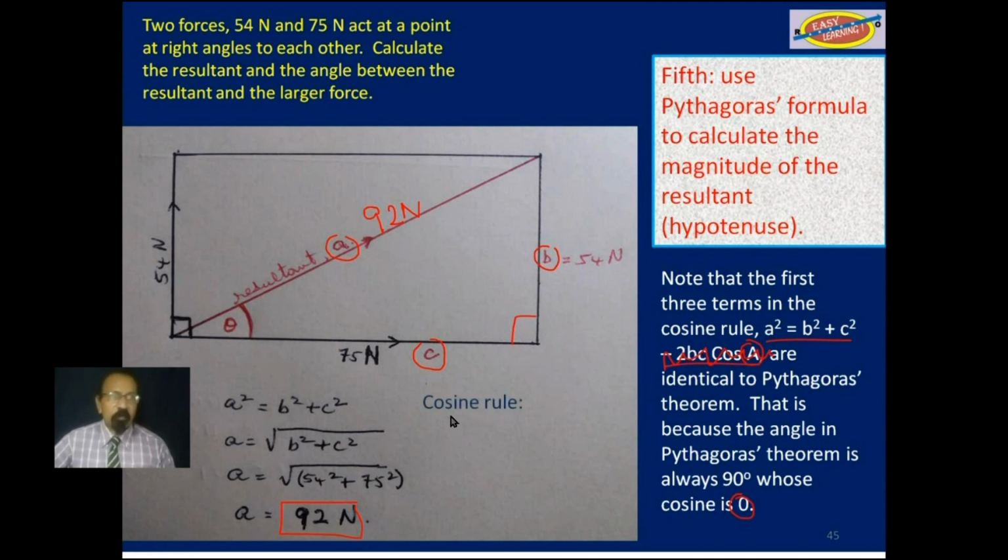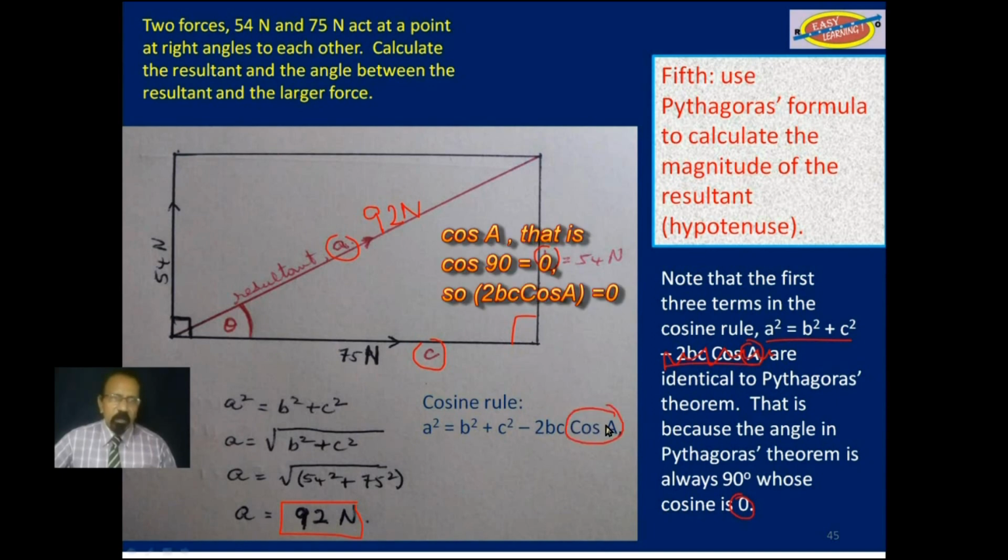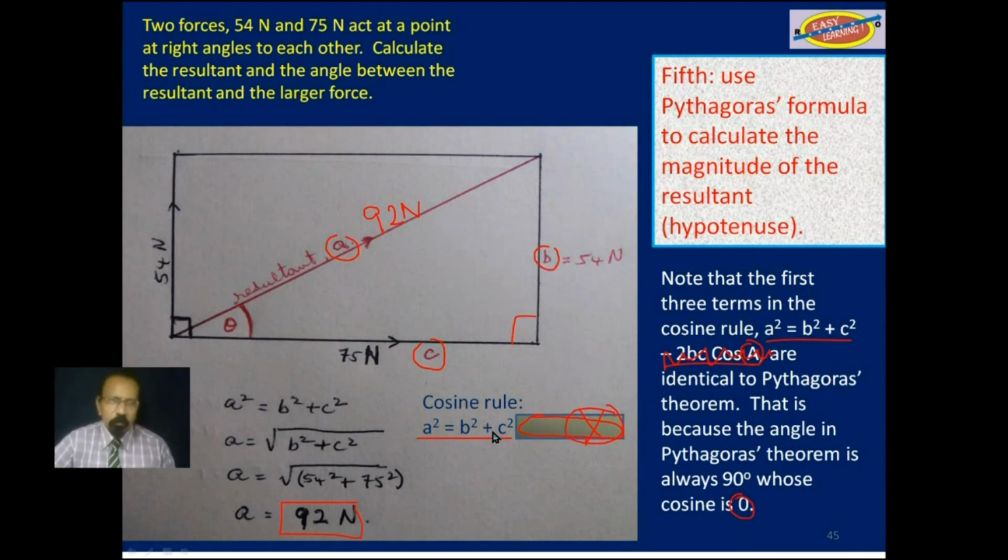So let's look at that. A squared is equal to B squared plus C squared minus 2BC cosine A, which is what we used when the angle was not 90 degrees. But then, as I said, cosine of A is 0, so that eliminates all of that. We get rid of it. And we are left with A squared is equal to B squared plus C squared. So Pythagoras theorem is actually a special application of the cosine rule.